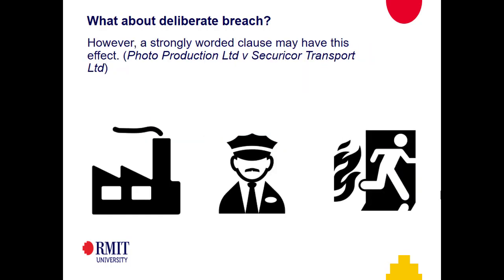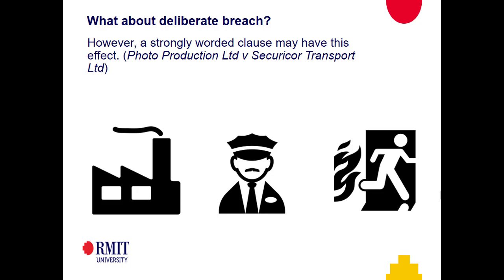Photo Production and Secure Record Transport is a good example. So basically what we have here, these three pictures are supposed to remind me of what happened. Secure Record Transport Limited, let me get this around the right way.